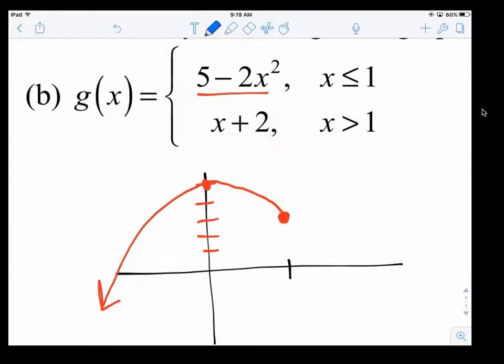Well, it's good to look for the y-intercept, so you know where it's going to cross the y-axis. Now, x plus 2, if I plug in 1, I'm going to get 3, right? And then you have a slope of 1, right? So your line's just going to kind of look like that. Sharp, right.